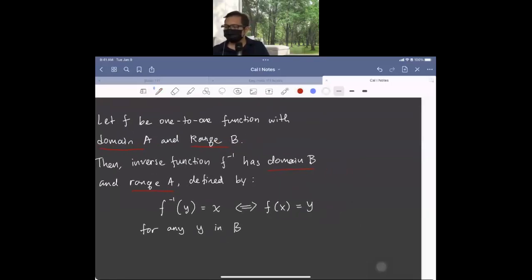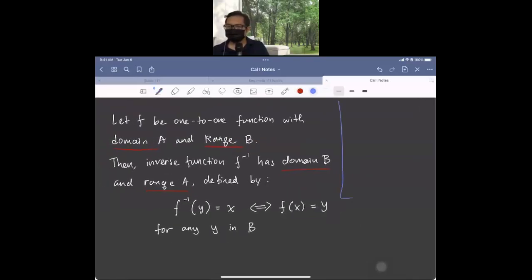So we can say, let me write some notes on the right side here: the domain of f inverse is equal to the range of f, and the range of f inverse is equal to the domain of f.